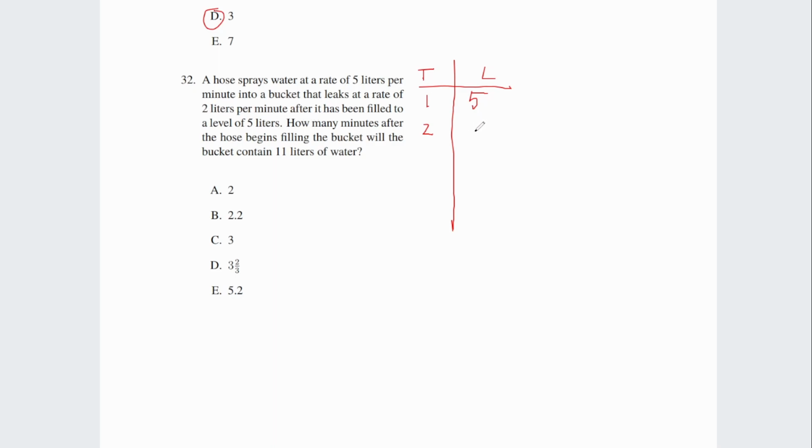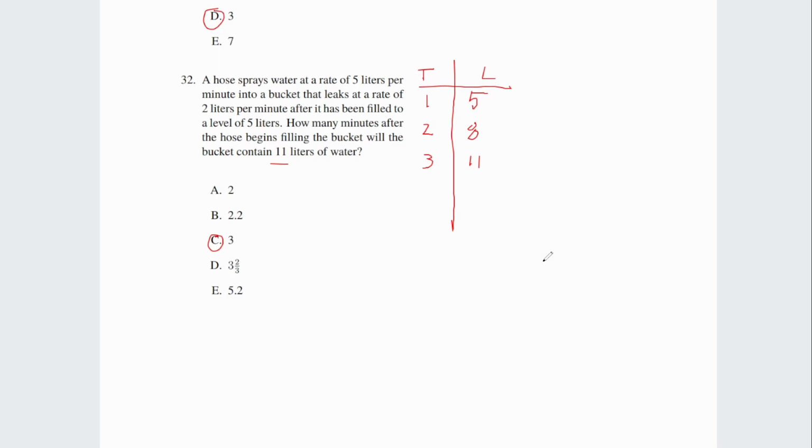So we're going to have 8 liters. And at 3 minutes, we're going to have 11 liters. Right? Does that make sense? So after 3 minutes, we have 11 liters, which is what the question is asking for. So here we are, 3 minutes.